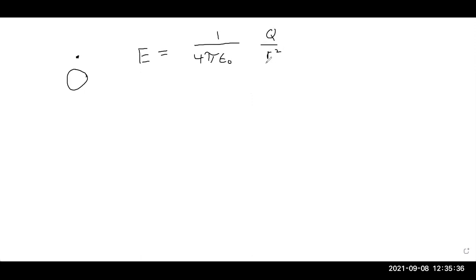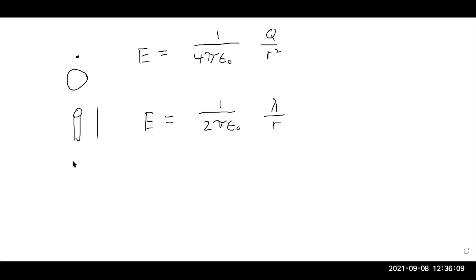So just what you get for electric fields from a point charge, same from a uniform sphere. For a cylinder or a wire, it's 1/(2 pi epsilon naught) times the charge density divided by distance.